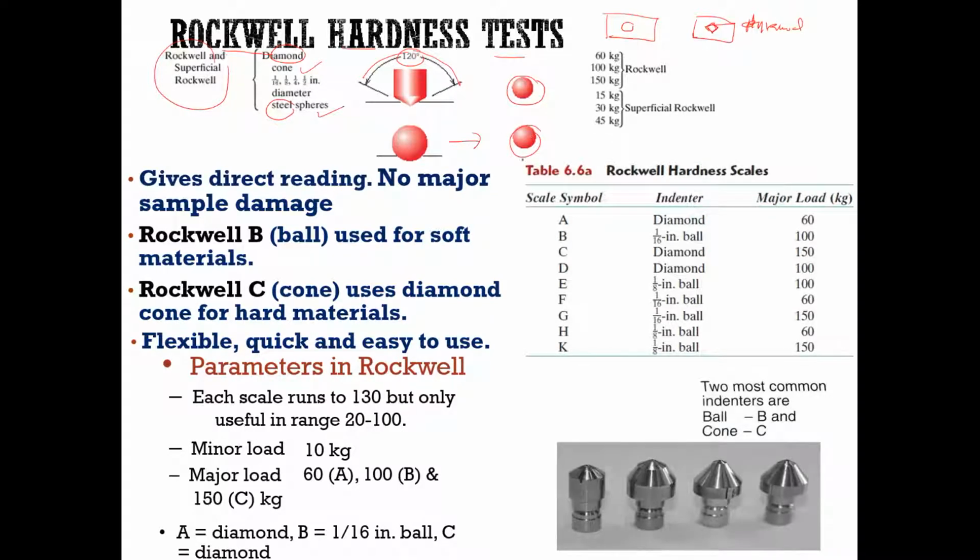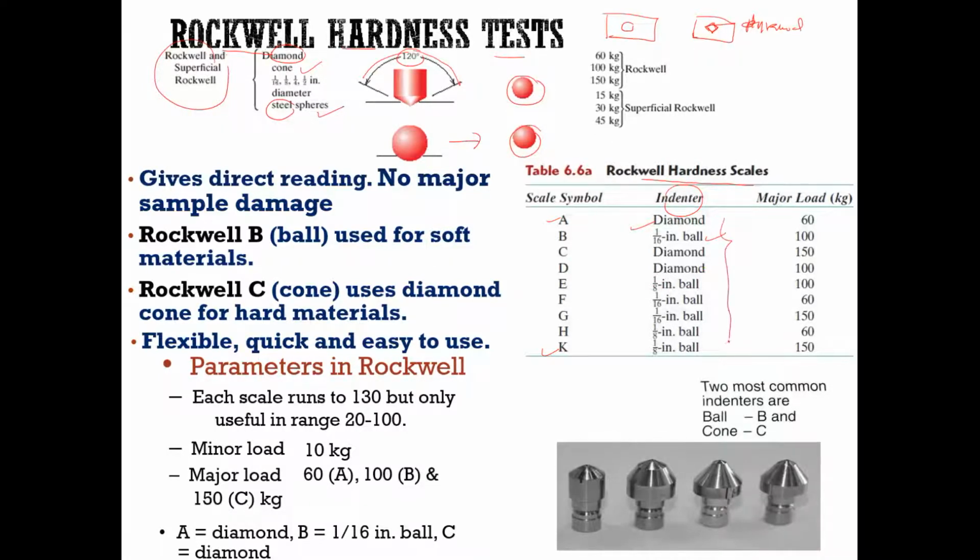Alright, so here are some of the scales in Rockwell. We use the Rockwell hardness scale. We use scale symbols A up to K, and it will differentiate the indenter that we use. Either it's a diamond, or it's a 1/16-inch ball. Ball is referring to the steel sphere. Or is it a 1/8-inch ball?